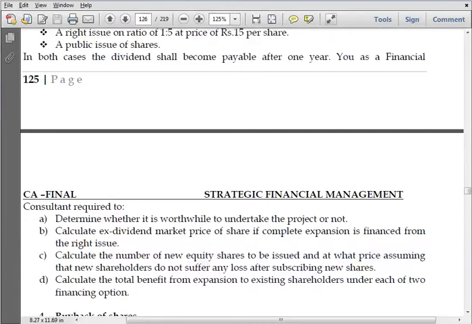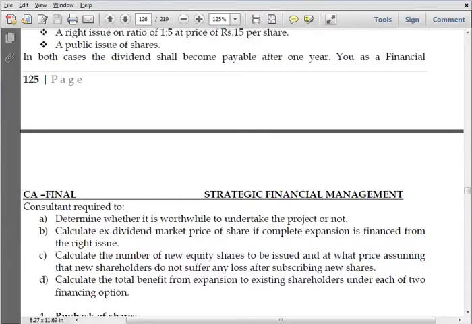Hence the value of the firm for the public issue option will continue to be 60 crores into 20.5, whatever we have calculated earlier.